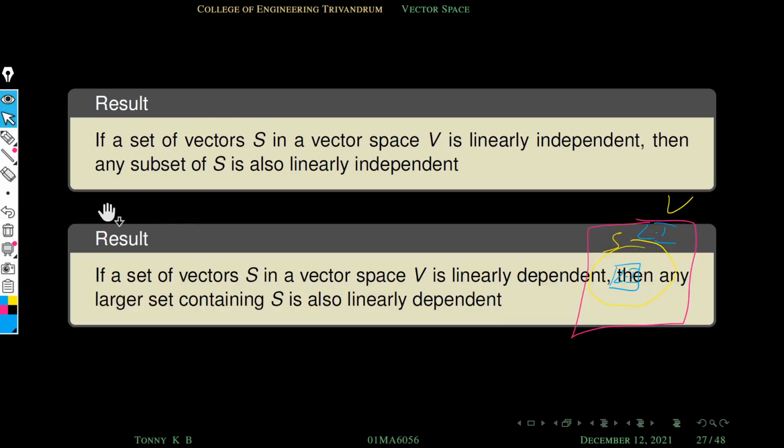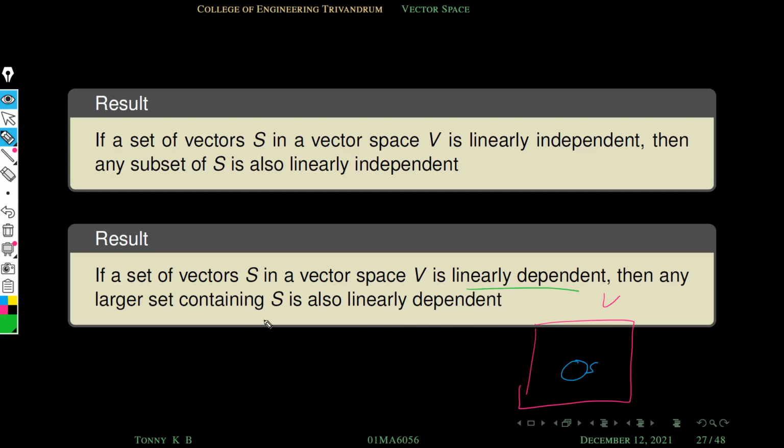And similarly, we have one more concept. If a set of vectors S in a vector space V is linearly dependent, then the result says that any larger set containing S is also linearly dependent.